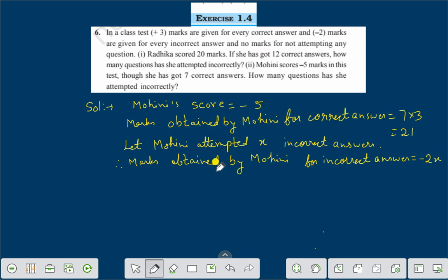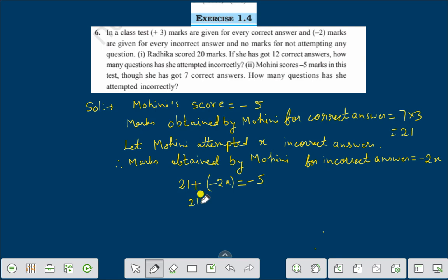And total score is minus 5. Therefore, we'll add the numbers. Marks obtained by Mohini for correct answer is 21 plus marks obtained for incorrect answer is minus 2x, and the score is equal to minus 5.